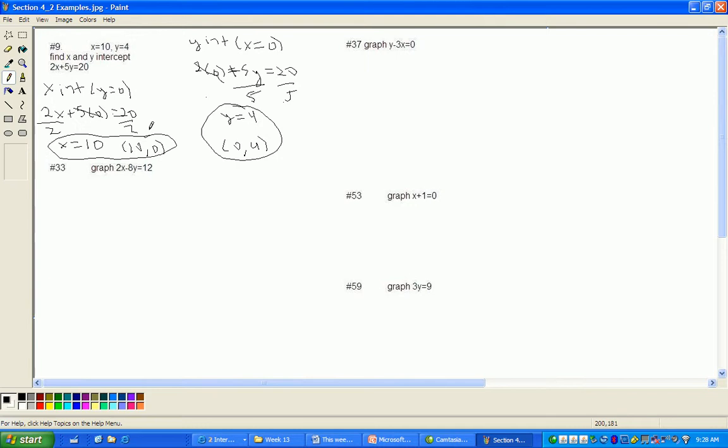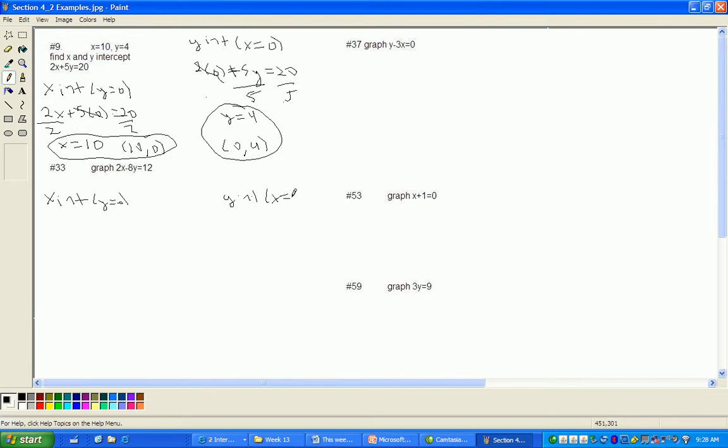Number 33 has asked us to graph this. So the best thing we can do is actually just do exactly what we just did. X-intercept, we know y is equal to 0. We know we're going to be looking for y-intercept, x is equal to 0.